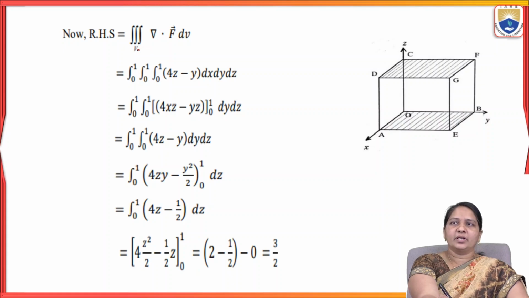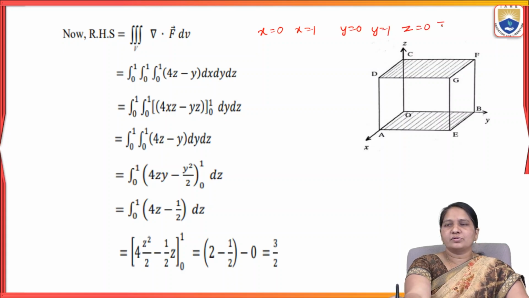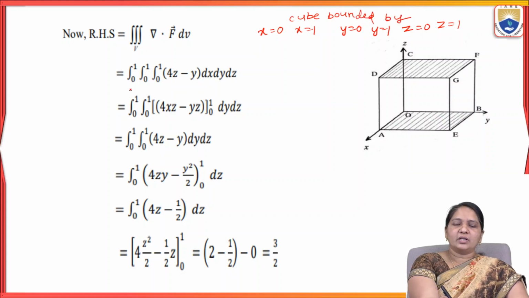Triple integral over V of del dot F dV is equal to integral 0 to 1. And how did we get the limits? x equal to 0, x equal to 1, y equal to 0, y equal to 1, and z equal to 0, z equal to 1. They are given in the problem: the cube is bounded by these values. So we have all the x, y and z limits.